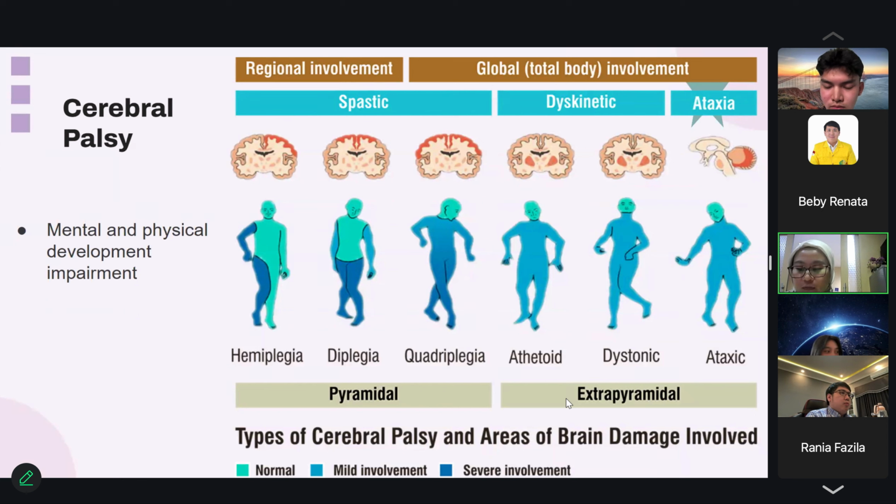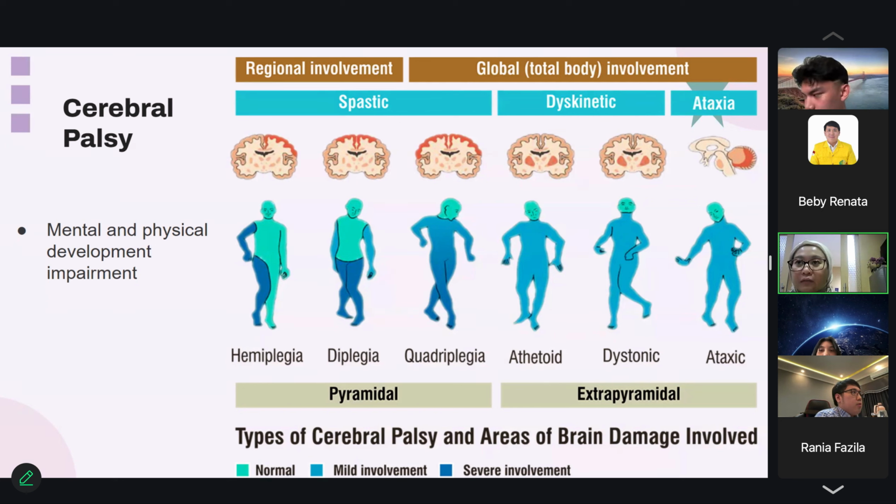The causes could be brain damage or brain infection, for example, when this patient was 1 or 2 years old, they had a meningitis or encephalitis infection.